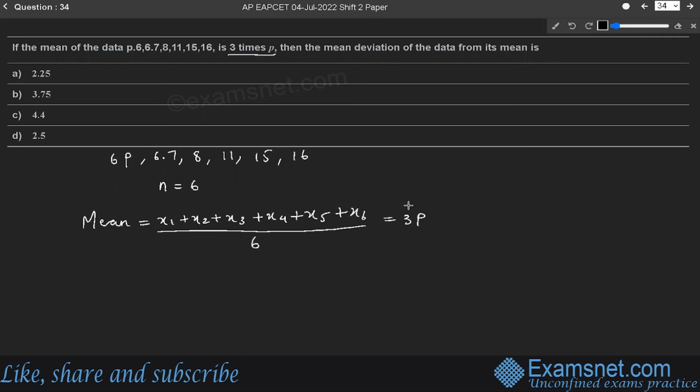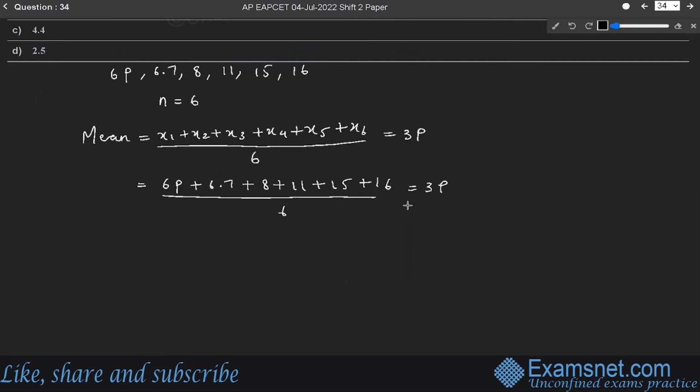Now, let us put the values here. So, mean will be 6p + 6.7 + 8 + 11 + 15 + 16 divided by 6 is equal to 3p.